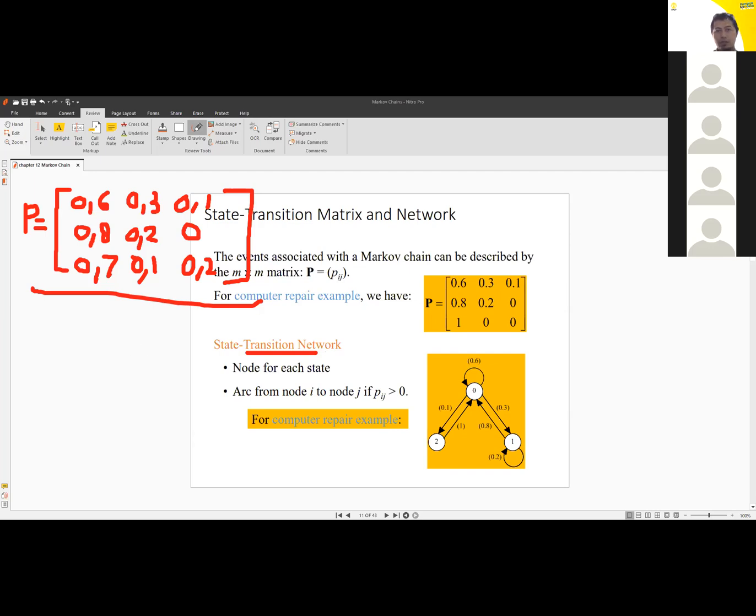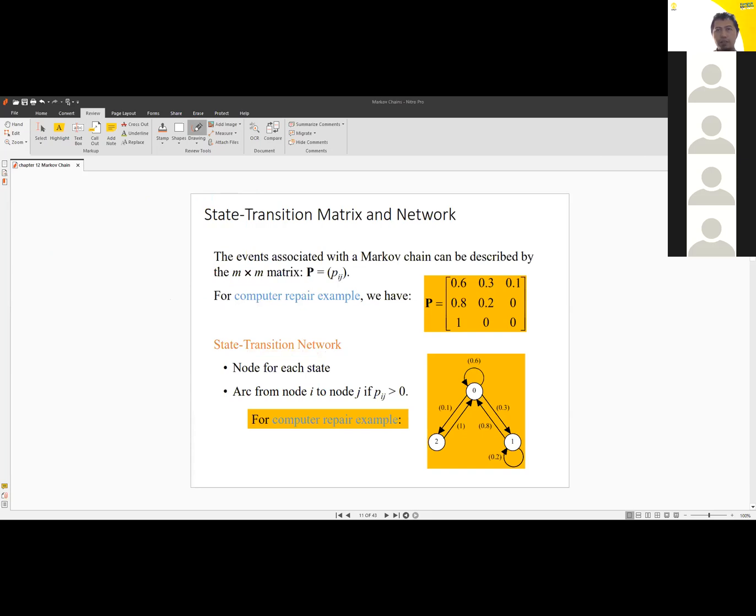Okay, thank you very much for your participation. Actually, if I don't mistake, it should be 0.2, right?